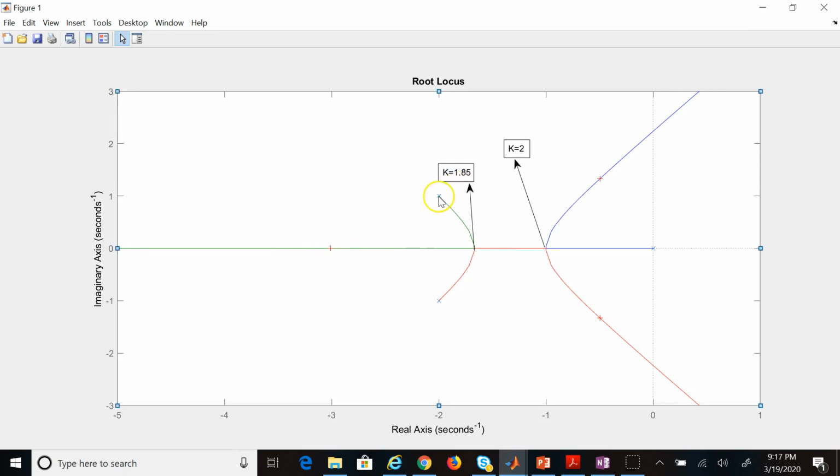Right, and then we know at the original locations k is 0, correct? So I can add one more if you want. So the k at this point, let me use the box. So here the k is 0, right?